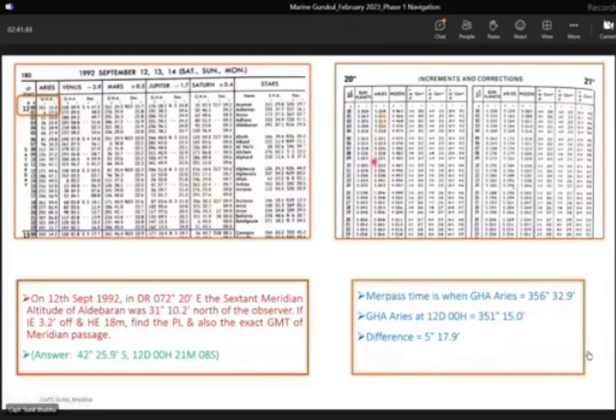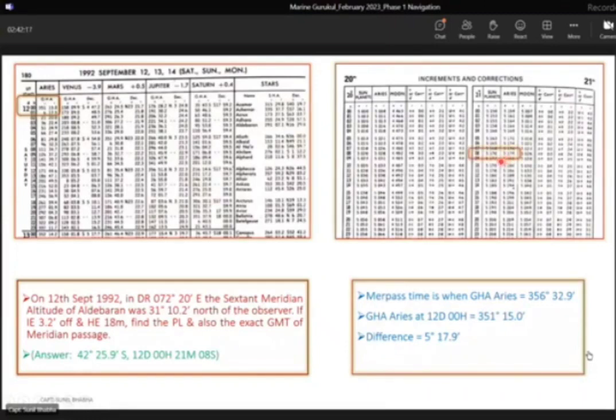We have to go to the value 5 degrees 17.9 minutes. As you see 0 minutes, 1, 2, 3, 4, the value keeps increasing, and when you reach 21 minutes in the Aries column, you will see that this value of 5 degrees 17.9 minutes comes at this particular place.